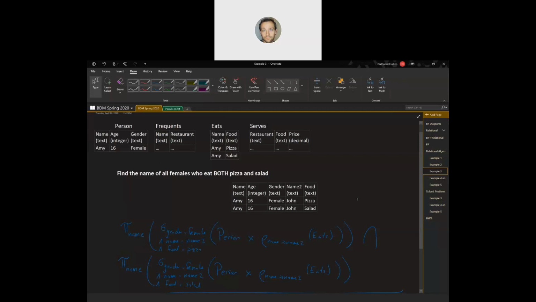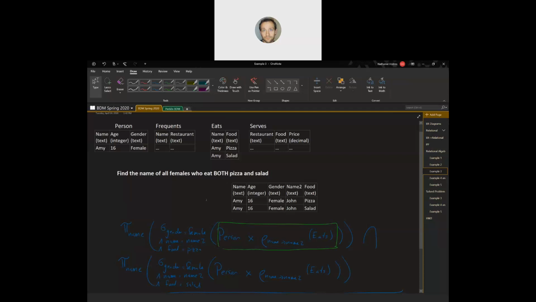You sort of filter this in 2. This relation here is the same as this part here: person cross product with eats, renaming the name column in eats.